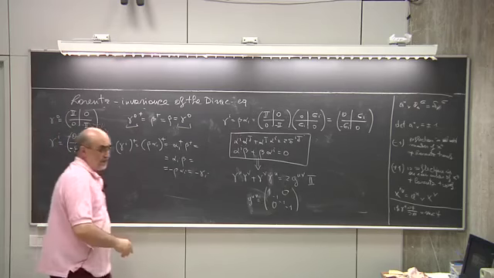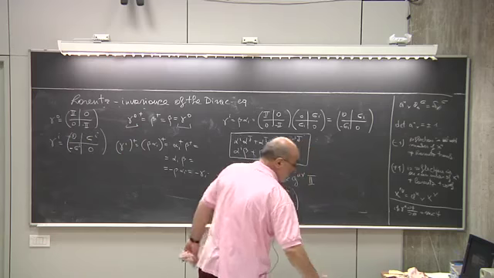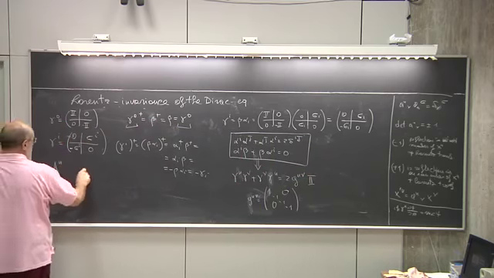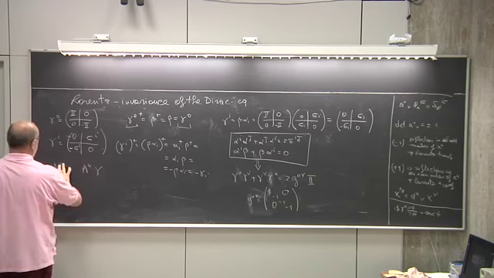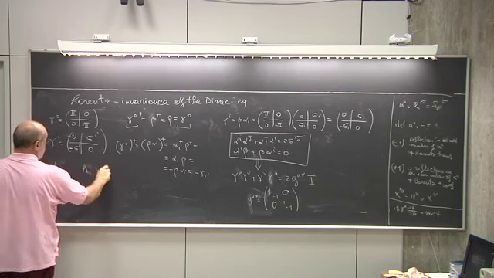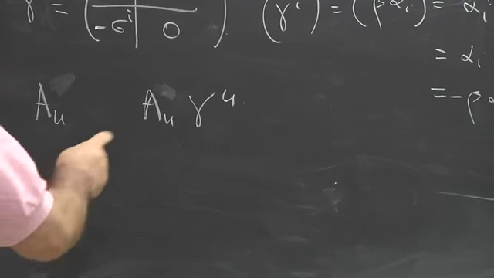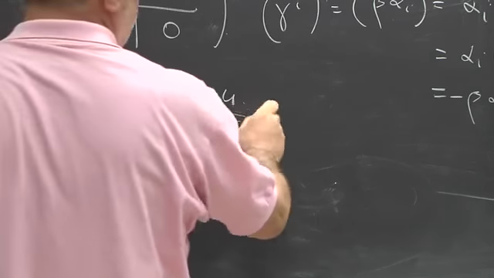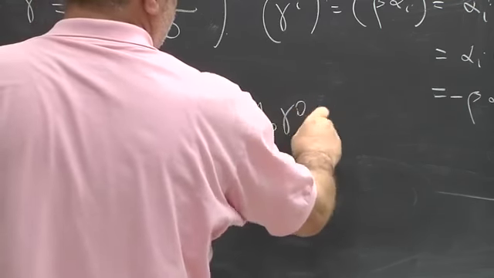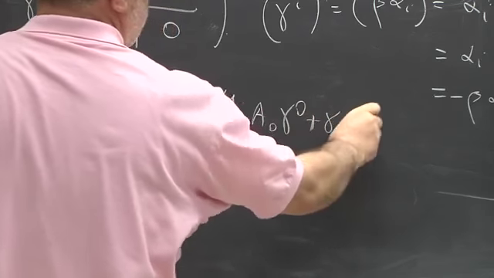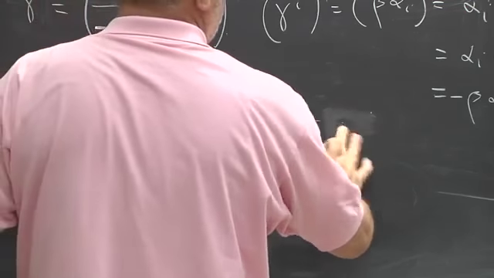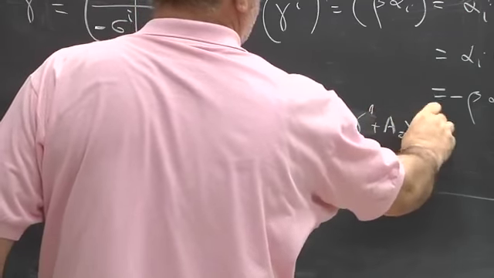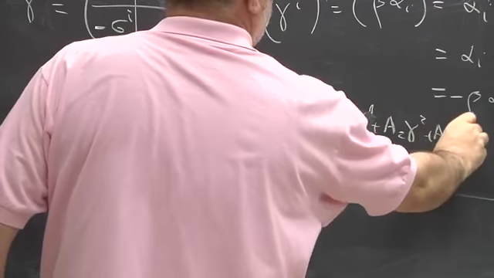Another piece of notation that I want to give to you is the following. Suppose you have a vector a mu, and we do a mu gamma mu. So each matrix gamma mu is multiplied by a number, so this is basically a0 gamma 0 plus a1 gamma 1 plus a2 gamma 2 plus a3 gamma 3.